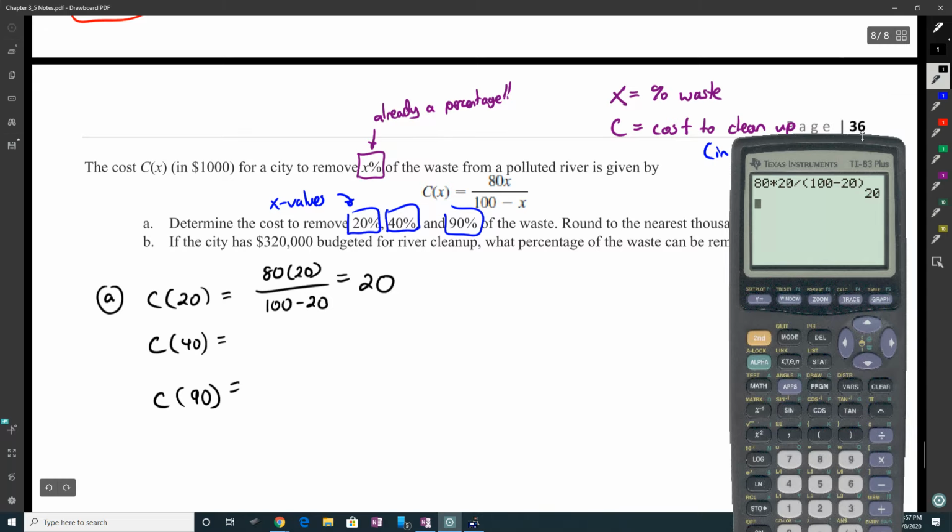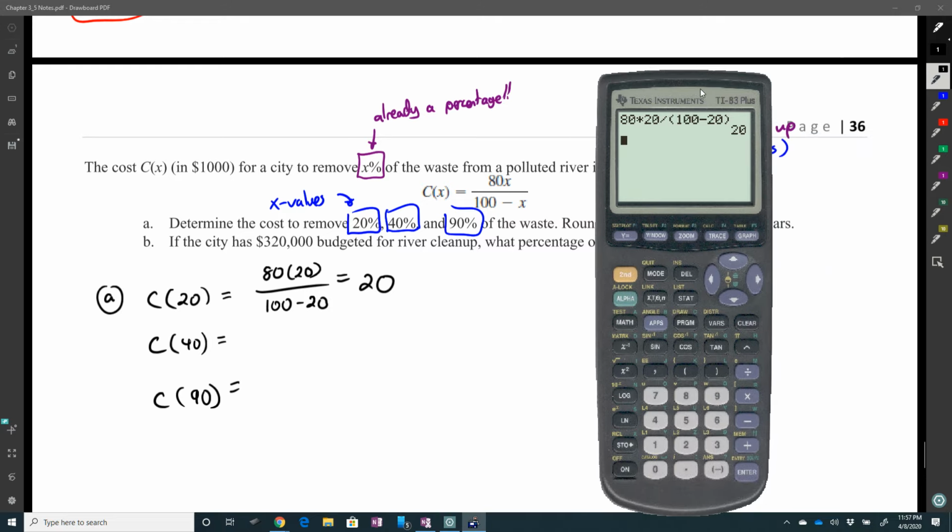Okay. A useful trick that you can use with your calculator is if you press second enter, it brings up the last thing you typed in, and I can just change those 2's to 4's because I'm lazy. Okay, so 53.33333.